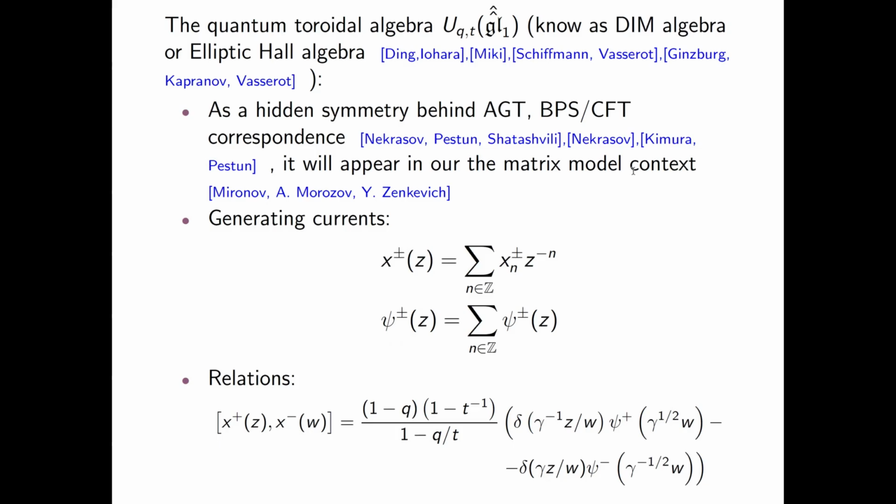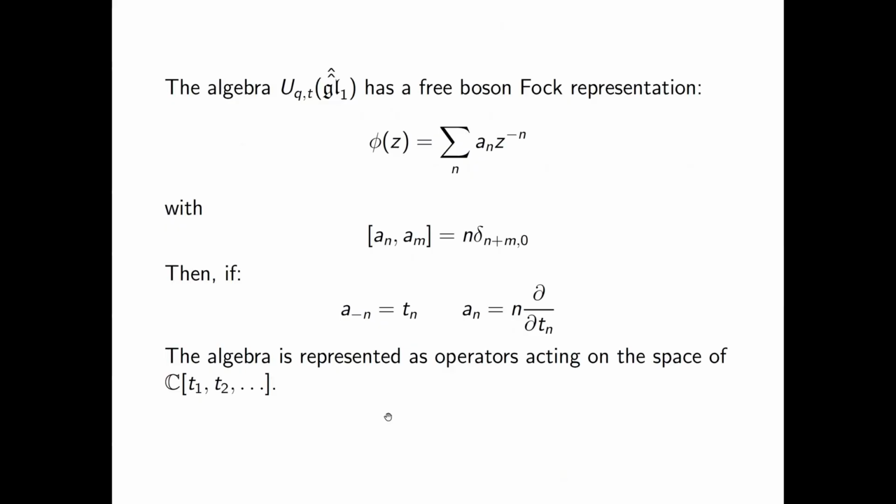The fact that this algebra is there also comes down to the level of these explicit integrals, the matrix models. As an algebra, it has generators and relations. This is just one of the relations. But what I'm going to show are explicit formulas.